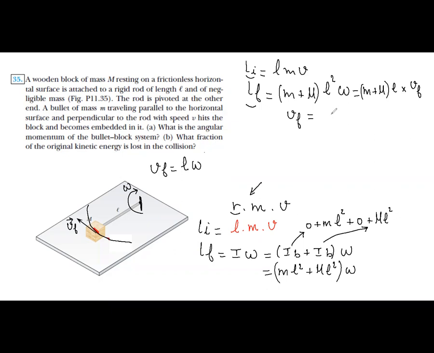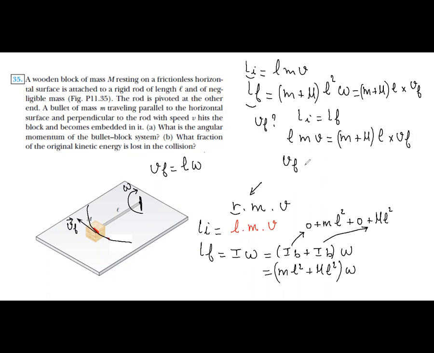We can say L initial equals L final, so L m v equals m plus m times L times v final.